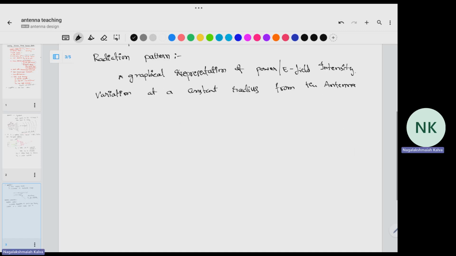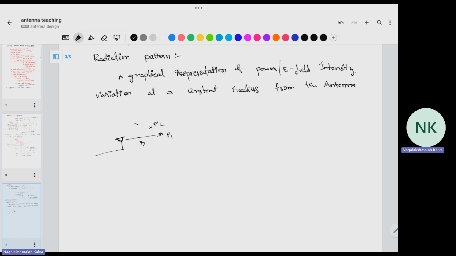Say suppose I have one antenna like this, which antenna I don't know. For now, I'm just taking it as a general case. If we have an antenna, and you take a distance of radius r around this antenna, what is the field intensity at distance r? Here the intensity might be P1. Here the intensity might be P2.